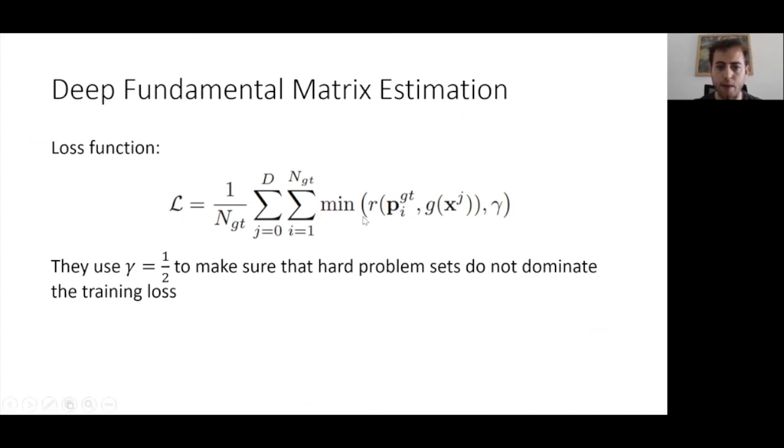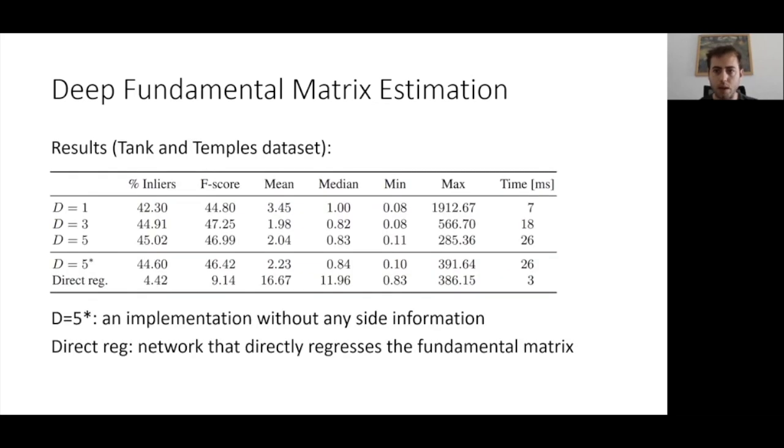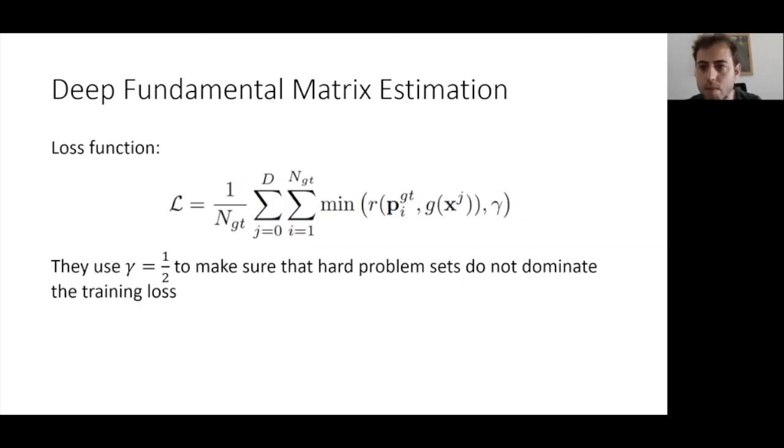So they use the same residual function that we defined before, the symmetric epipolar distance, and they bound the error by 0.5, in order to make it robust to very bad or very hard problems. So that's their loss function, and they know the ground truth correspondences, so they want to just minimize the residual for the ground truth correspondences. It's a supervised problem.